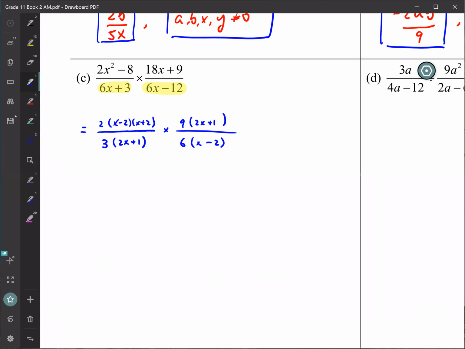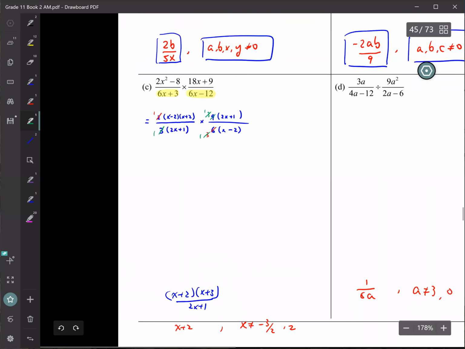And then we can start reducing. 2 and 6, and then we have 3 and 9. Oh, 3 and 3 again. So the 3 up here can cancel each other out. So no more numbers.